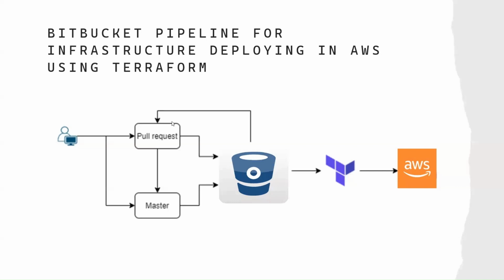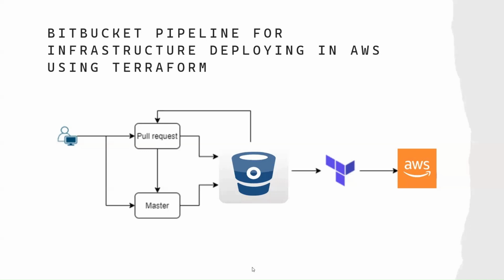That can be triggered by a pull request, or if someone has pushed code into a particular branch, you can trigger the pipeline. That can be achieved in a Bitbucket pipeline as well. We will see how to create a Bitbucket pipeline in this demo.